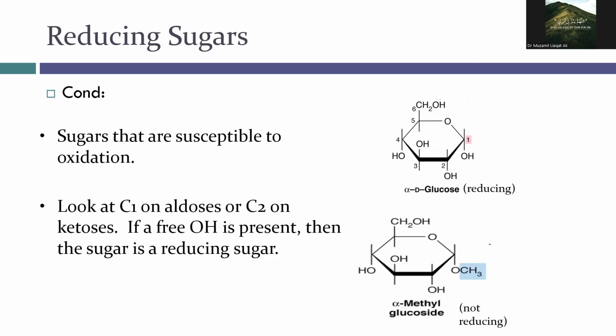This allows the sugar to reduce oxidizing agents such as Cu2+, the cupric ion, in Benedict reagent. All monosaccharides and most disaccharides, except sucrose, are reducing sugars. The diagram clearly shows that only sugars with a free carbonyl in equilibrium are reducing.